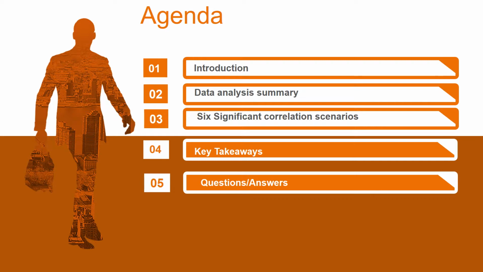We will look at the 6 significant correlation scenarios that we found from our SPSS analysis, and then we'll talk about key takeaways, and I'll give an opportunity for questions and answers. If you have any questions at the end of the session, you can post the questions or shoot me an email and I will respond within 24 hours maximum.